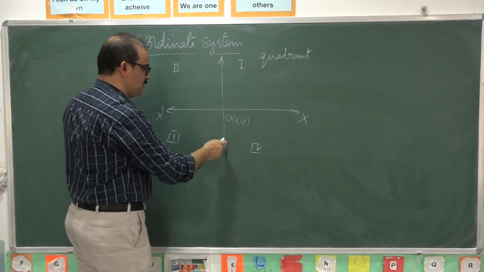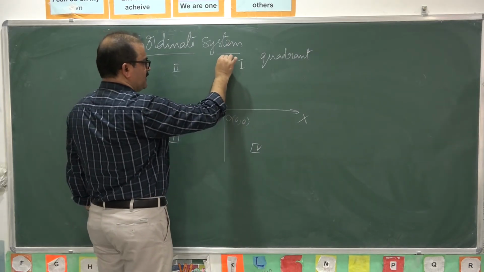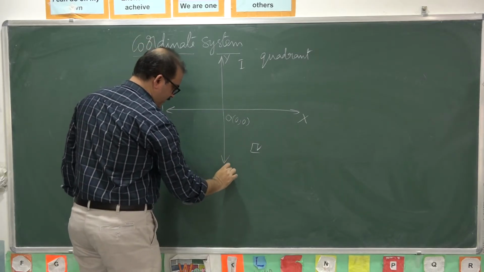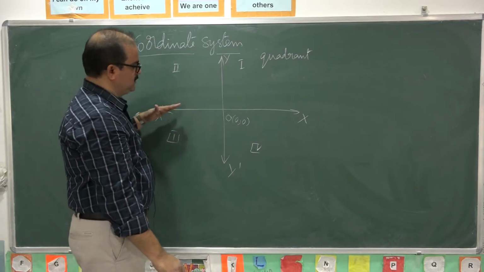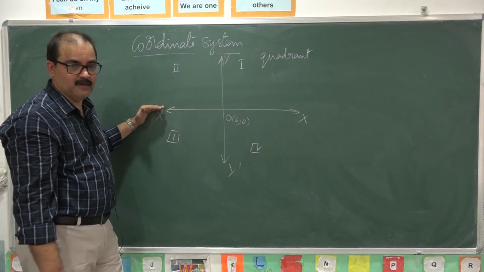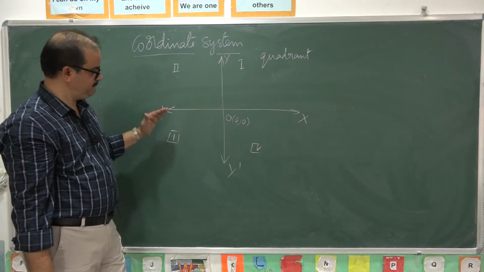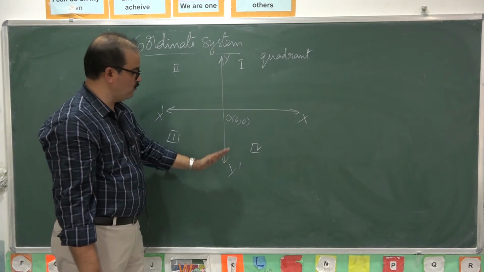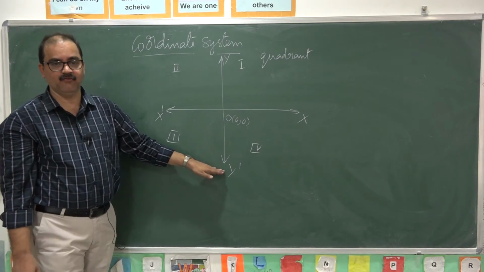This line is called vertical line and represented by Y, O, Y dash. The horizontal line XOX dash is called x-axis. The vertical line YOY dash is called y-axis.